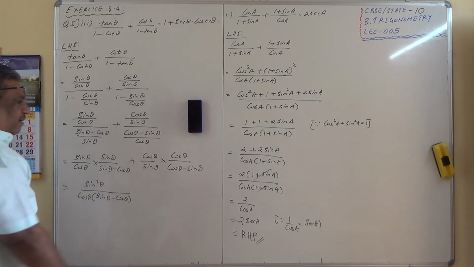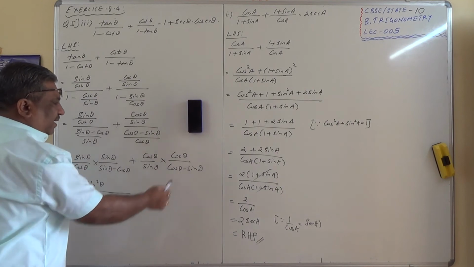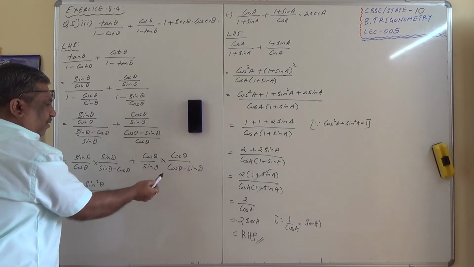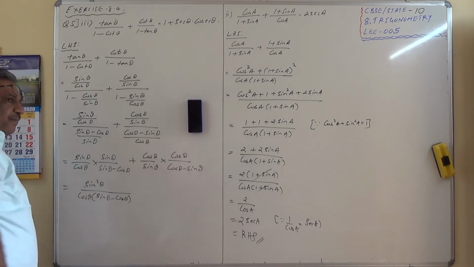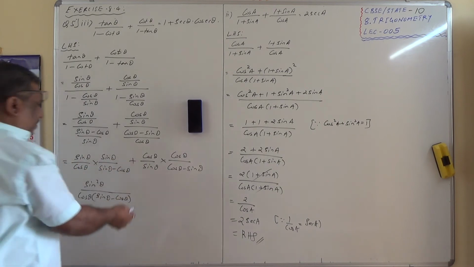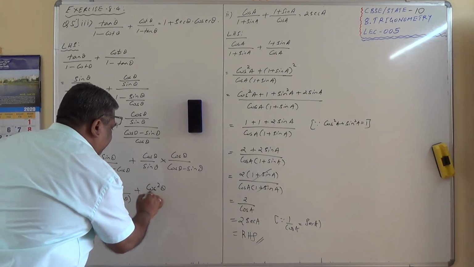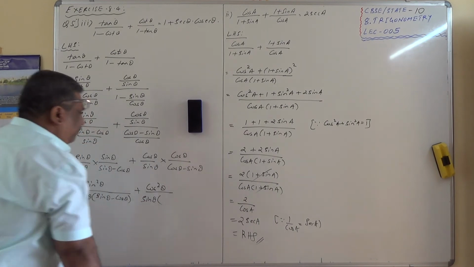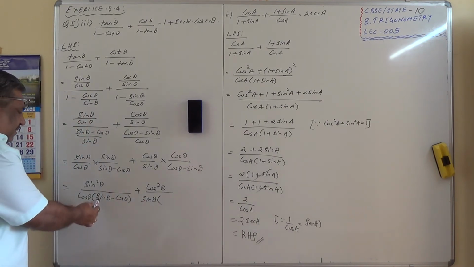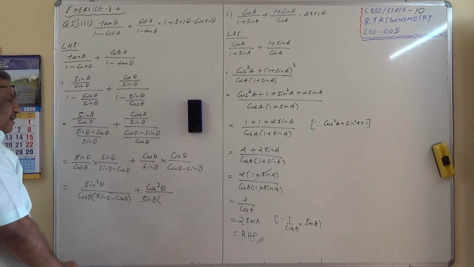Here what I will do, see, sin theta minus cos theta, here it is cos theta minus sin theta, so minus I will take out, it will become sin theta minus cos theta, that minus comes over here. If you want, I will put one step also so that you can very clearly understand. This is cos square theta divided by sin theta into, see why I am doing this: in both the terms I would like to retain sin theta minus cos theta as it is.